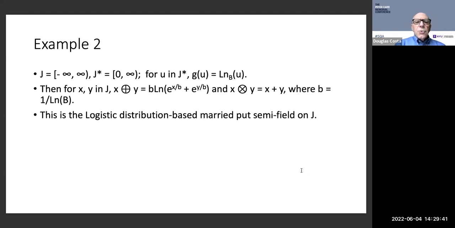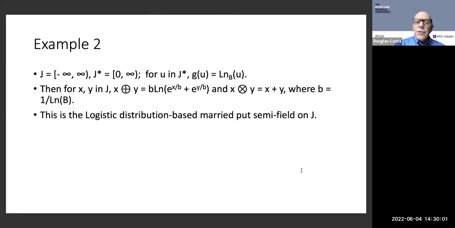In example 2, which we also saw yesterday, we'll take the interval to be the extended real line, extended to include minus infinity. Then J star is, again, I just want to point out, the non-negative real numbers.